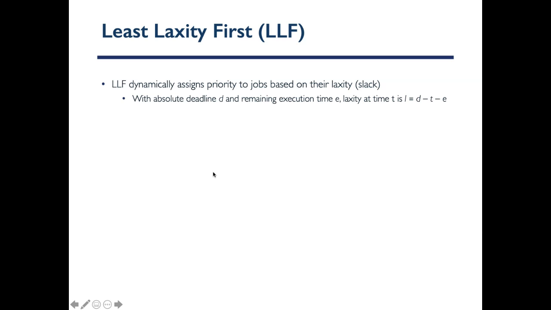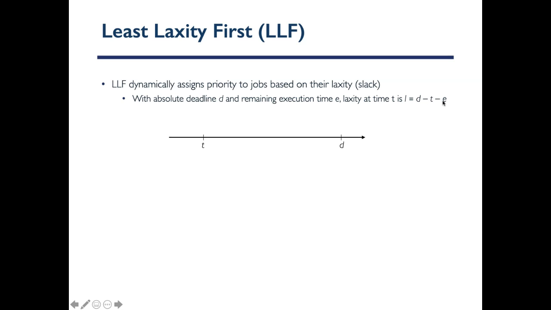So at time t, if the absolute deadline, not relative deadline, is d, and you have e time units remaining to execute your task, then your laxity or your slack at time t is the deadline minus time t minus the execution time.